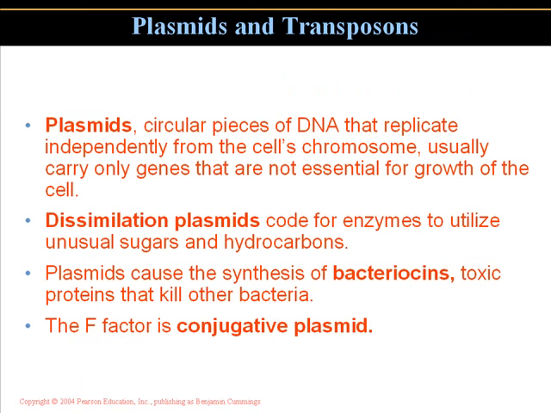Another structure, plasmids, are circular pieces of DNA that replicate independently from cells or chromosomes, and usually carry only genes that are not essential for the growth of the cell. Dissimilation plasmids code for enzymes that are utilized for unusual sugars and hydrocarbons. Plasmids cause a synthesis of bacteriocins, which are toxic proteins that kill other bacteria.